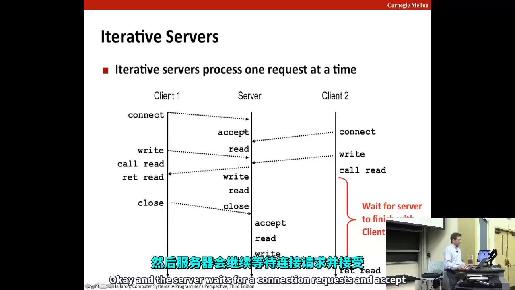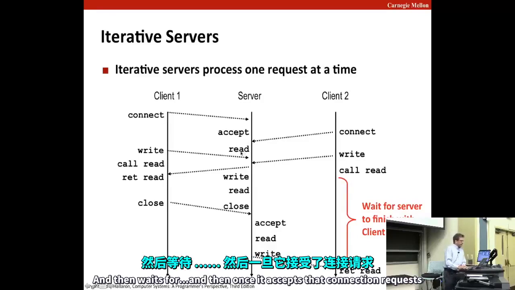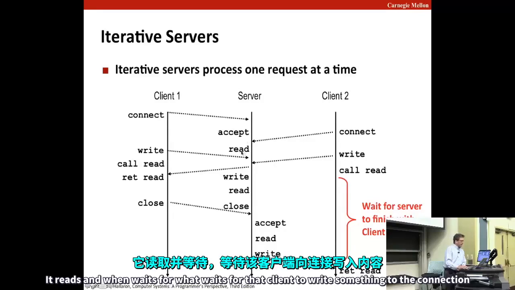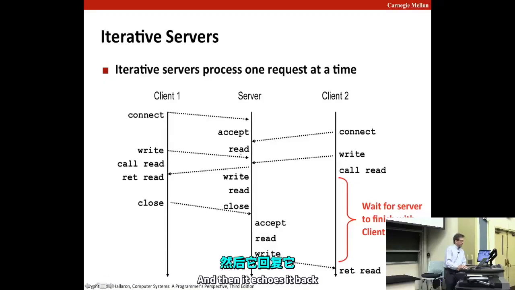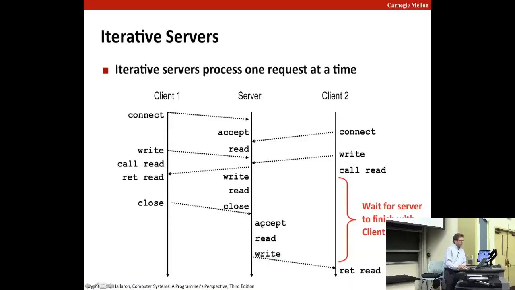And the server waits for a connection request and accepts, and then once it accepts that connection request, it reads and waits for that client to write something to the connection, and then it echoes it back, and then it waits for the next line until the client closes that connection, and then the server closes its connection, and only then does it do another accept to wait for the next connection request.